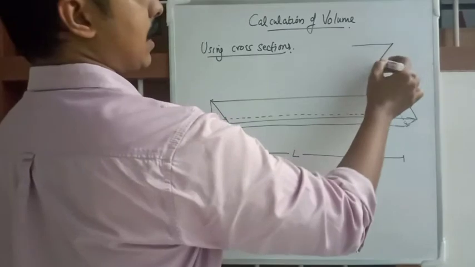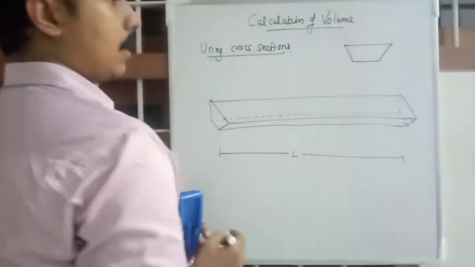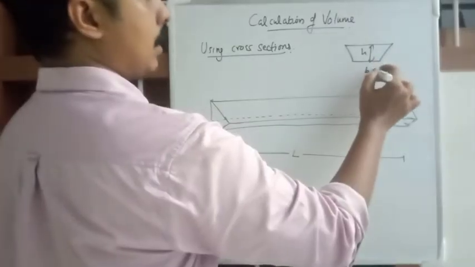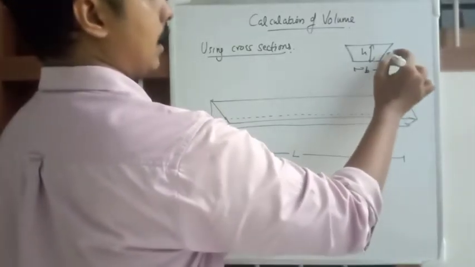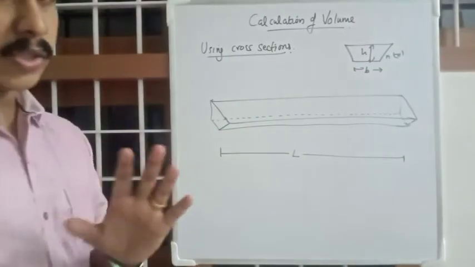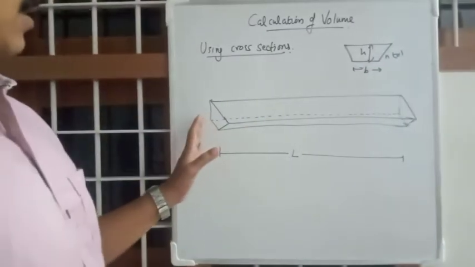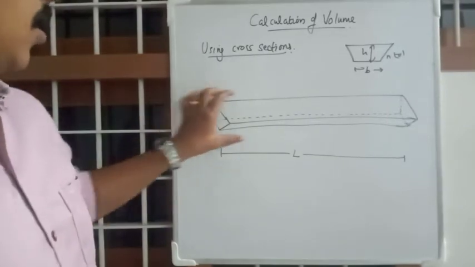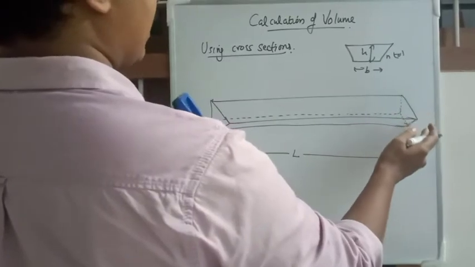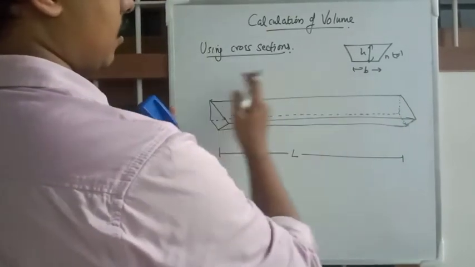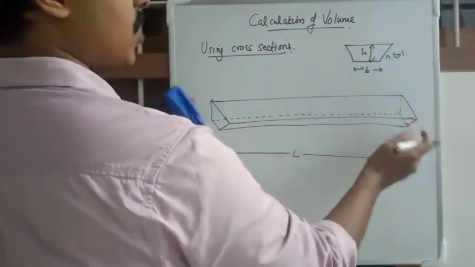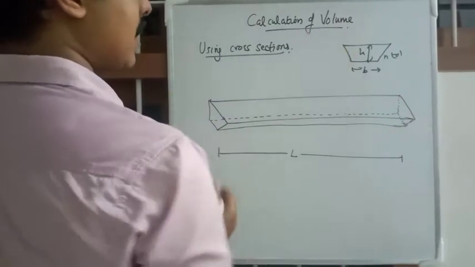The cross section is like this, with H in here, B in here, and n to 1 in here. This is the total length, and the volume to be calculated is this form of shape. The earth inside this shape should be calculated as volume.